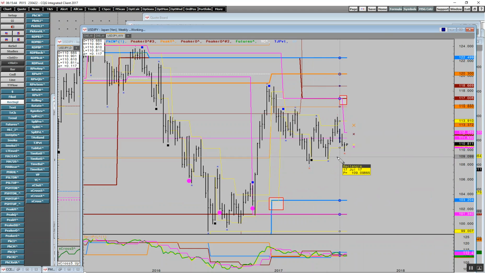So equally, if yen's going to try and have an attack back at the upside based off this rising quarterly support, then it needs to take out 112.389, which is quite a strong level because it's a monthly level. So these aren't great markets to trade the yen, because you're trapped right in the middle of the distribution, so it's just going to be choppy like this. You should expect it to be a bit like a washing machine.